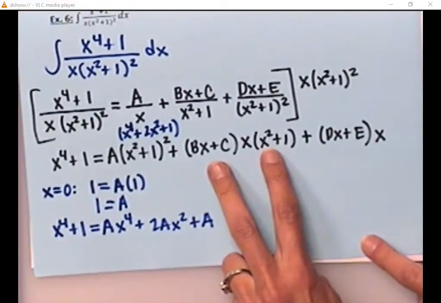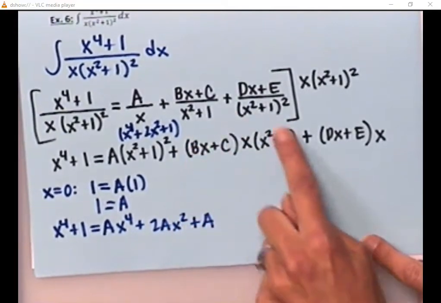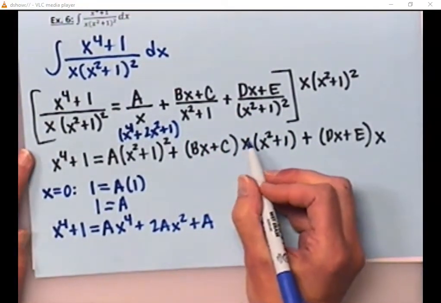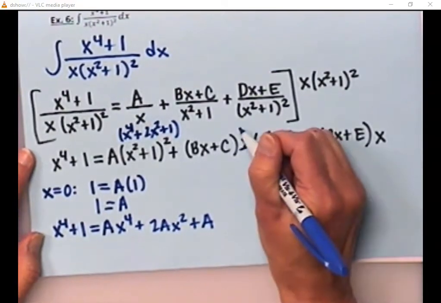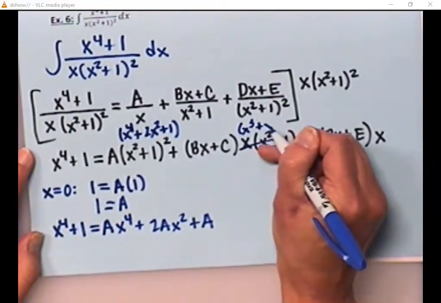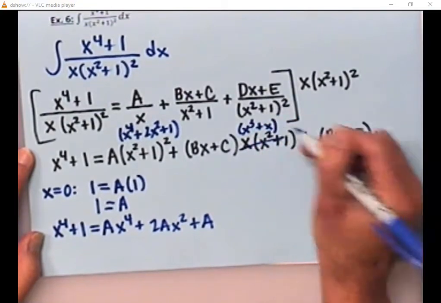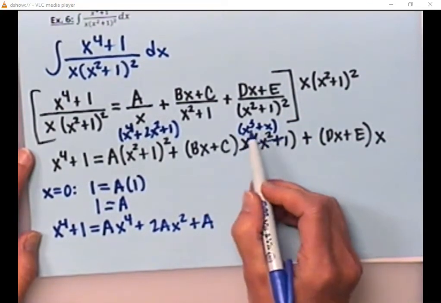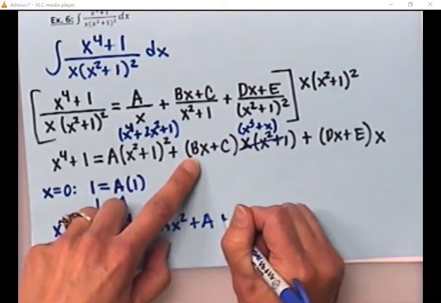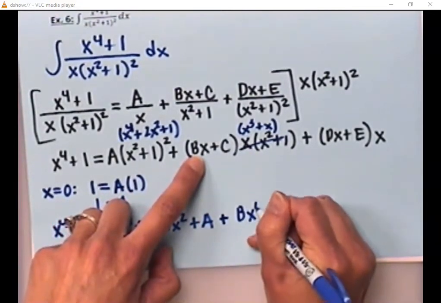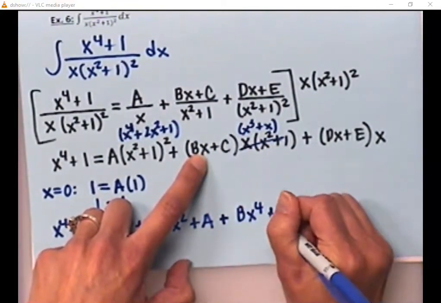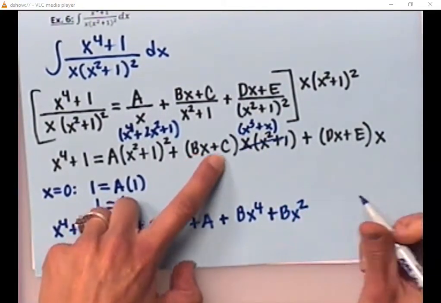Now you've got to distribute all of this together. Yeah, that's not pretty, is it? You could do the x first, yeah. So maybe if you did the x, you'd get x cubed plus x right here. So distribute the x through to one of them, and then go ahead and FOIL what's left here. So let's see what I get. So I'm going to have bx to the 4th, that's that term. Outside terms are bx squared.